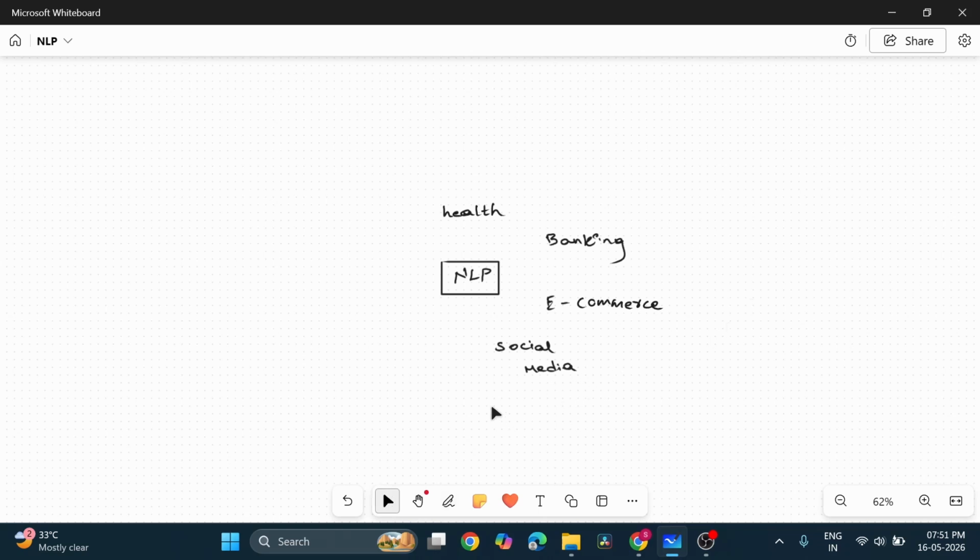By knowing that sentiment, they can detect spam, identify trending topics, or filter harmful and abusive content, etc. So companies will know what the public is thinking, and by understanding the public, companies can make their decision making very good.